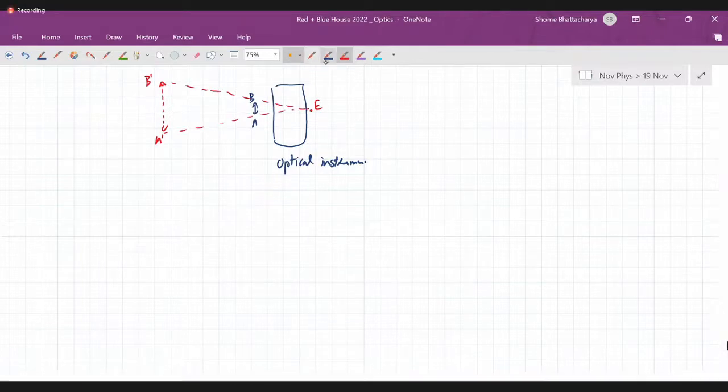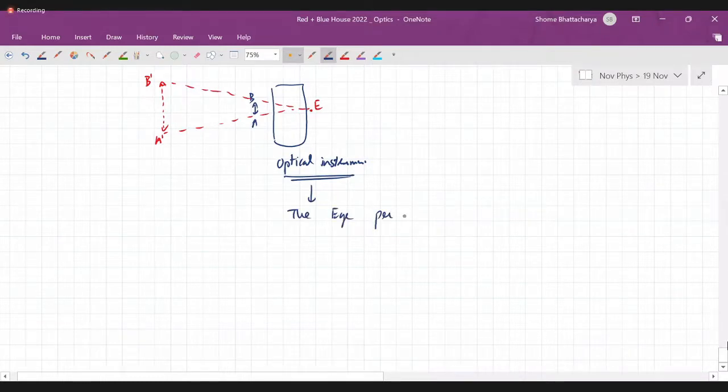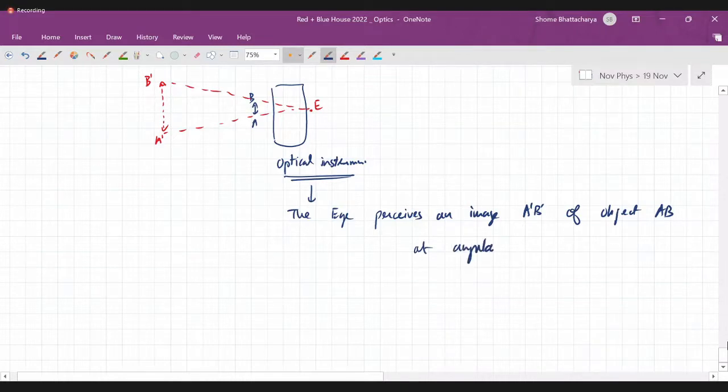So the eye perceives an image A prime B prime of the object AB at an angular size theta. So here this angle will become theta, the angle subtended by the image that the eye is seeing.